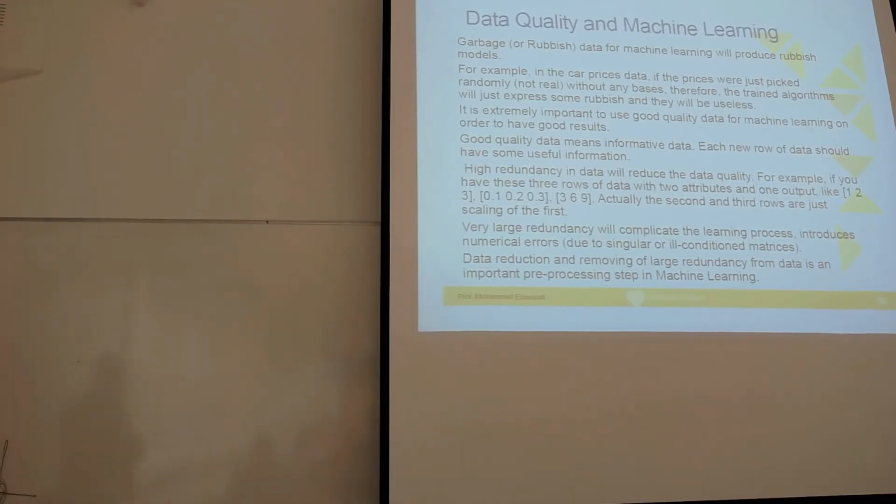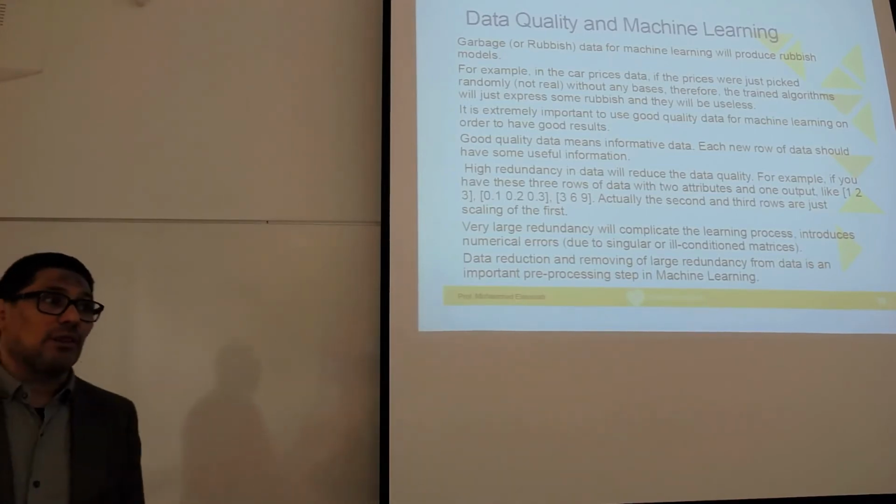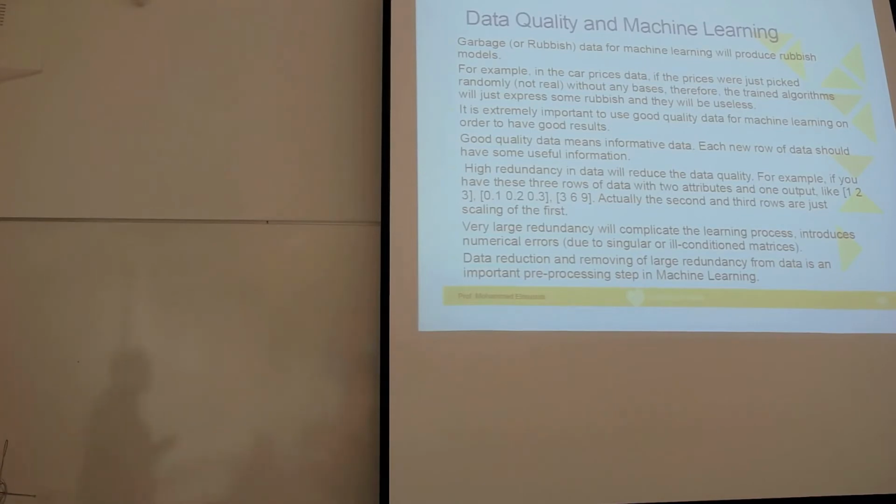In general, garbage or rubbish data for machine learning will produce rubbish models. So garbage in, garbage out, or rubbish in, rubbish out. So it is very important that we guarantee the quality of our data in order to guarantee good quality machine learning or artificial intelligence applications.